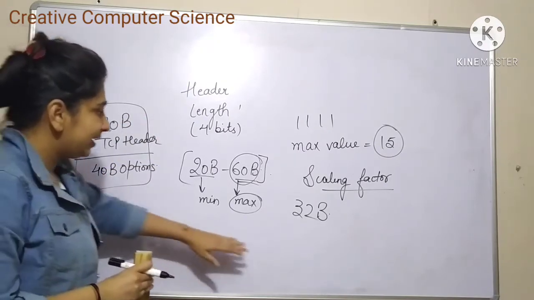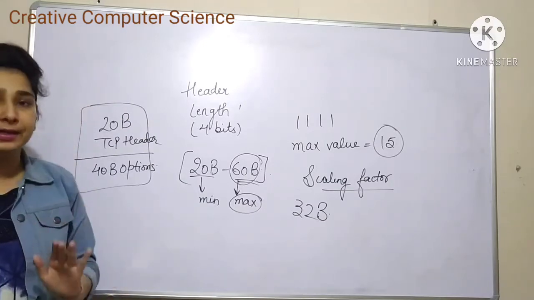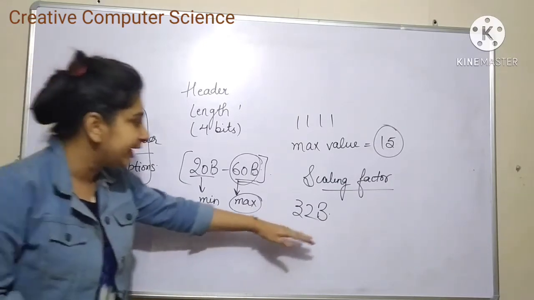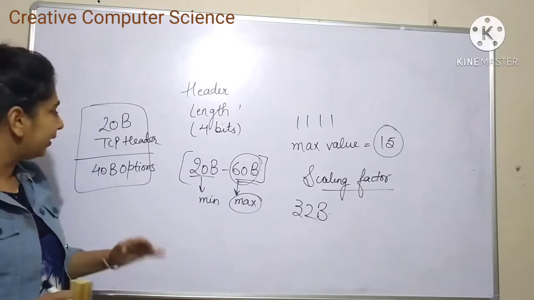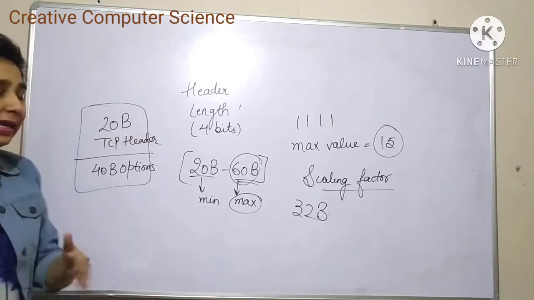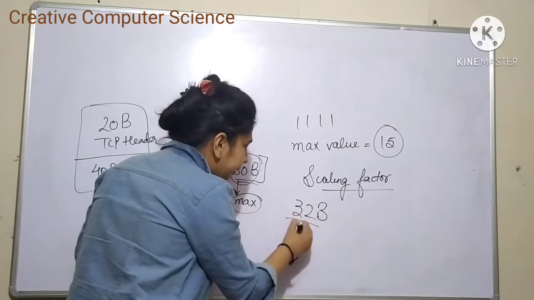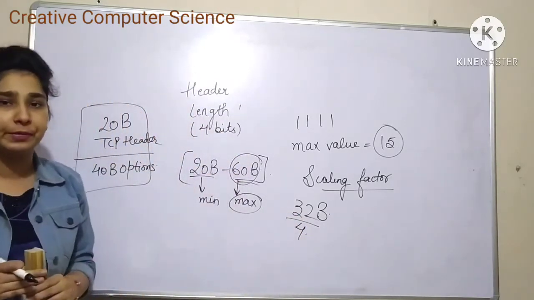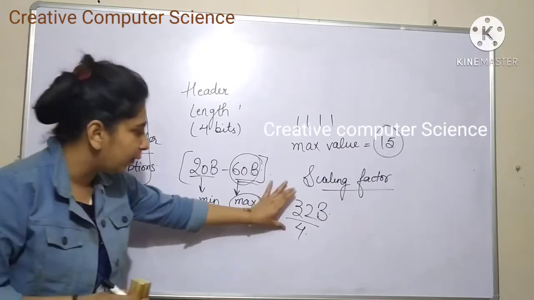Now let's suppose we have a header size of 32 bytes. I have to keep this value in the header length field. I have to represent the value 32 in the header length field. So what I am going to do is divide it by 4.